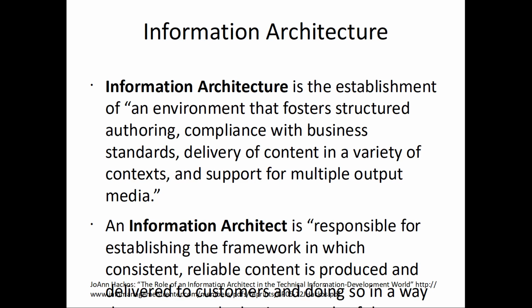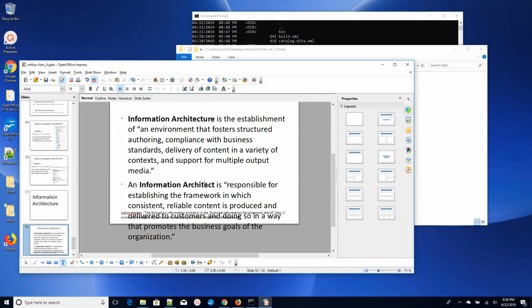An information architect is responsible for establishing a framework in which consistent, reliable content is produced and delivered in a way that promotes the business goals of the organization. And that's taken from Joann Hackos's article at this URL.